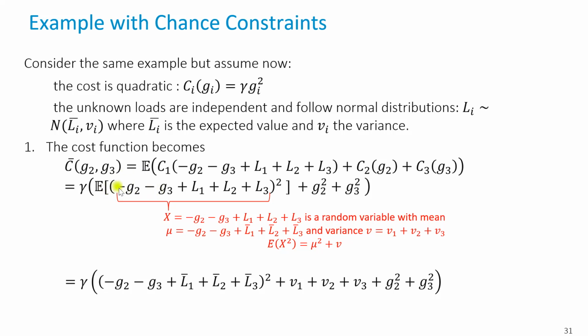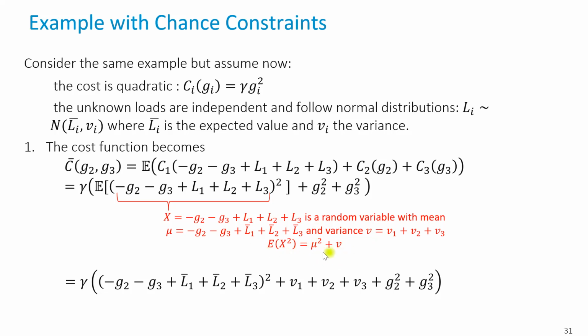What is the expectation of minus a constant plus the sum of three Gaussian random variables here? Well, it depends on the assumption we're making on the random variables. Here, I'm implicitly assuming they are Gaussian and independent, and therefore the expectation of the square of a random variable is equal to the mean of this random variable squared plus the variance.